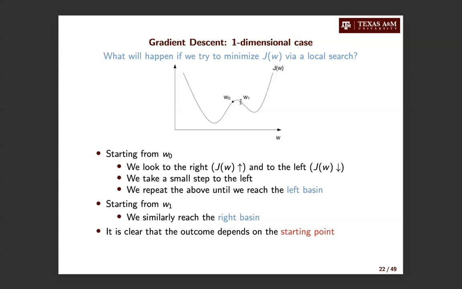So this means that if we slightly shift W1 to the left, we will have an increase of J of W, and if we slightly shift W1 to the right, we will have a decrease of J of W. Because of that, we can decide to shift W1 locally towards the right side.